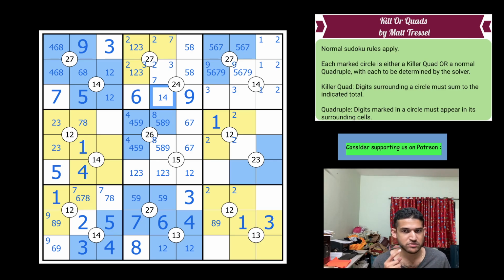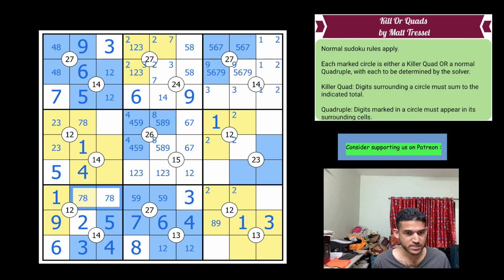Just need one small break. Oh yes, this is a killer quad clue. I don't know how long it was lying there. So these two add up to 11. So it has to be a 6, 4, 8. Now that's deciphering. 9, 6, 7, 8.